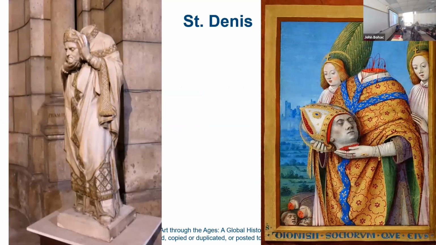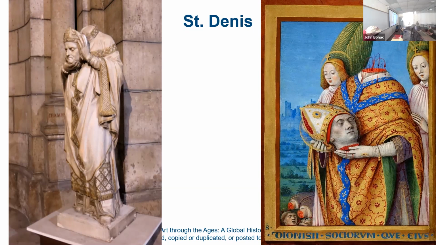And this is Saint Denis, excuse me. The guy had lost his head. What? Here's another picture of him with a couple of angels. And you see over here, a couple of other guys that lost their heads too.